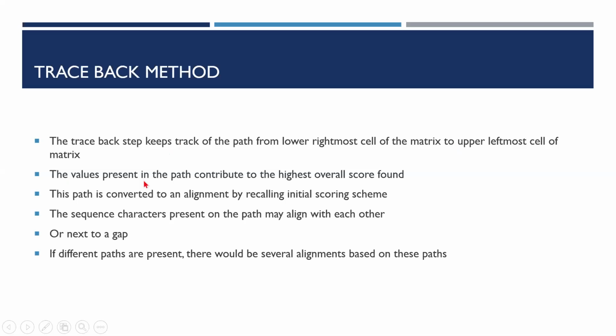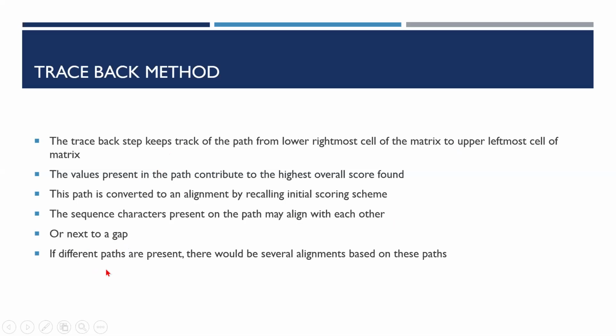The values present in the path that contribute to the highest overall score are found. And the path which is used for tracing back will be finally converted into alignment by recalling the initial scoring scheme. The sequence characters present on the path may align with each other or they may be present next to a gap.